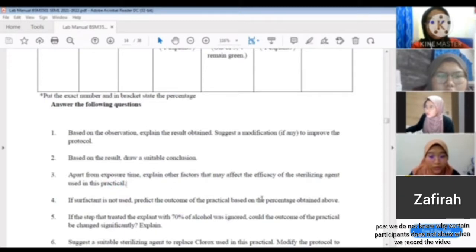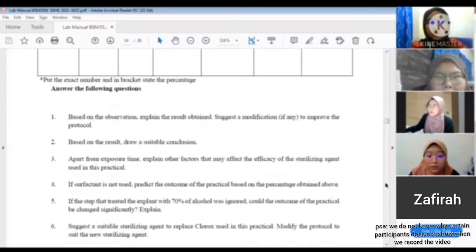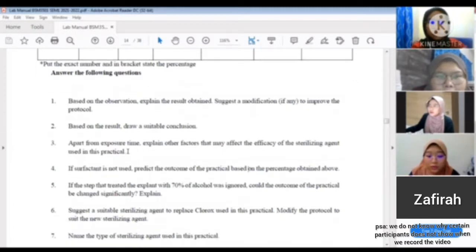My answer is that another factor that can affect the efficacy of sterilization is the type of leaf surface, because the structural features can prevent the sterilizing agent from penetrating. Okay. Anyone want to add your answer? Or do you all agree with ZAFIRAH? Yes, I agree.